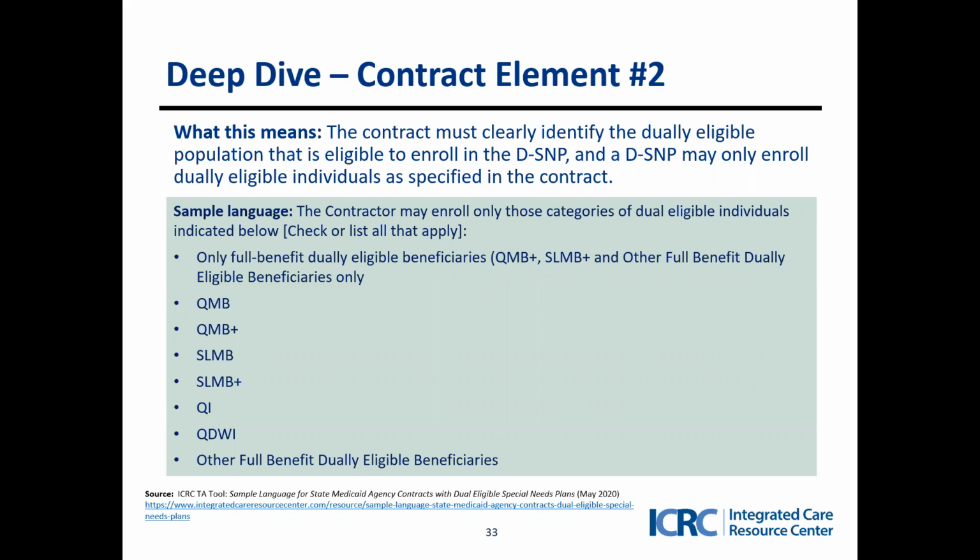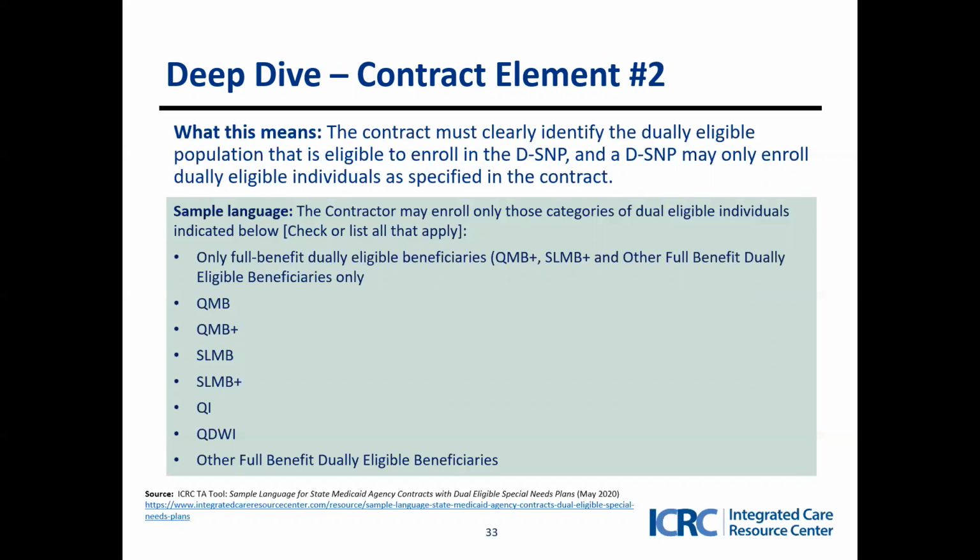So the second contract element requires SMACs to outline the categories and criteria for eligibility for dually eligible individuals to be enrolled under the D-SNP. What this means is that the contract must clearly identify the dually eligible population that is eligible to enroll in the D-SNP, and that a D-SNP can only enroll those categories of dually eligible individuals that the D-SNP specifies in the contract.